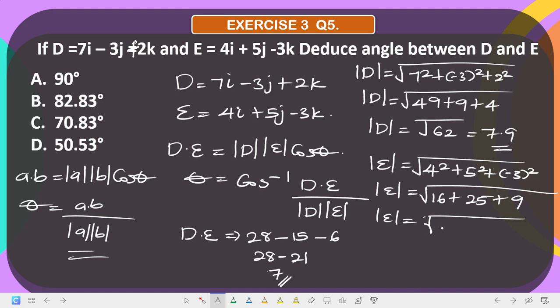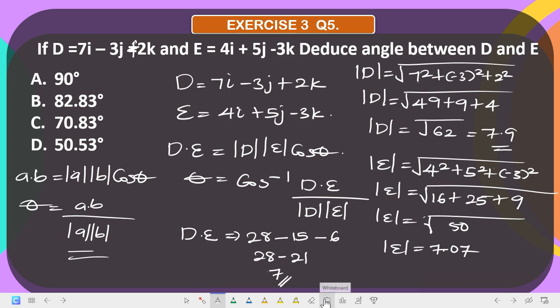This gives us the square root of 50, I believe so, which is 7.07. So that is our magnitude of E.